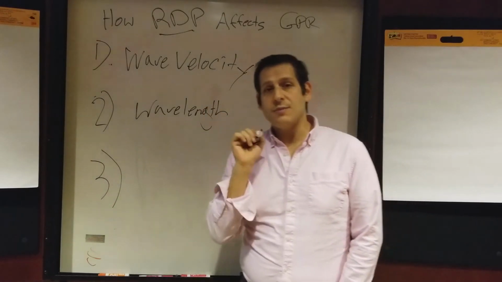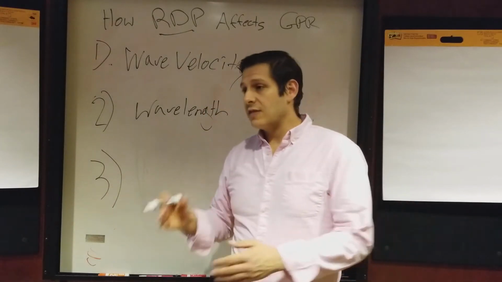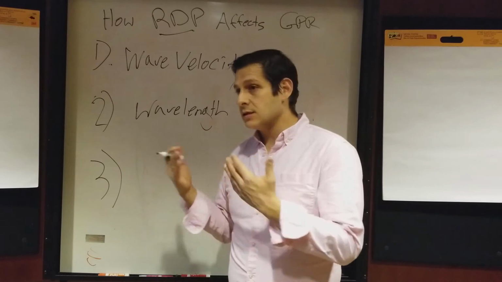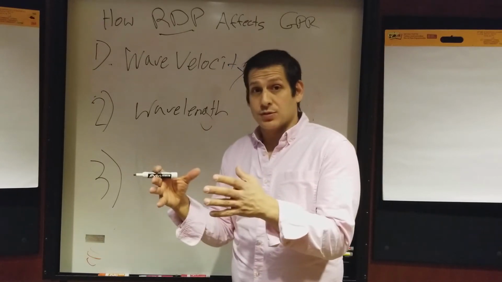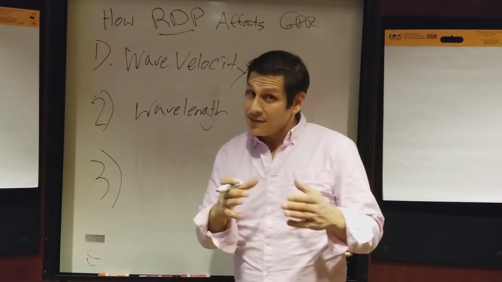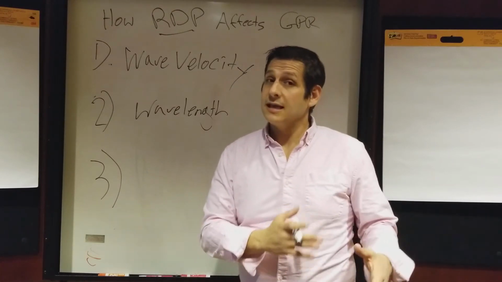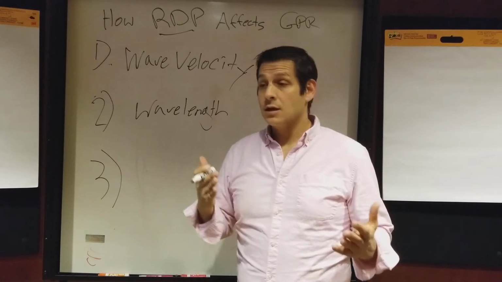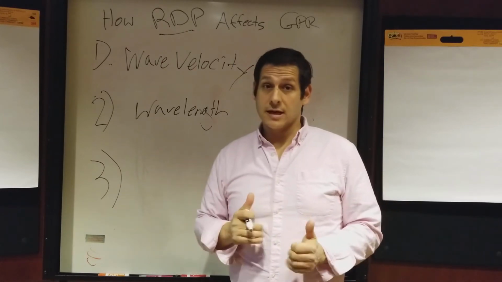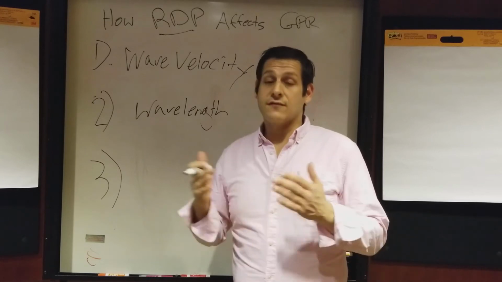So the same exact antenna that's collecting data in wet silt is going to produce a different wavelength than if that same antenna is collecting data in dry sand. Two different RDPs, two different wavelengths.